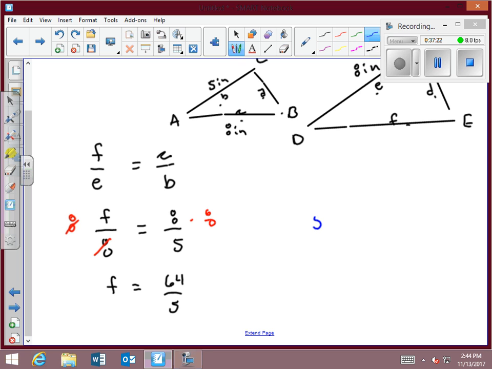You'd have 5F equals 8 times 8, and then you'd have to divide by 5. And you'd have the same thing, right? I'd like to go the path of least resistance. And this one here is 12.8 inches.